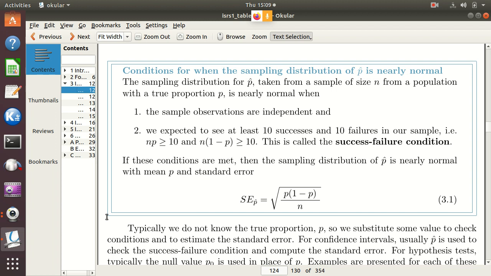Here, in this one, they don't mention n at all as far as sample size. How big a sample does it need to be? And here, I guess if p was a half, we could get away with a sample size of 20. In another spot in the text, though, they say it needs to be at least 30.